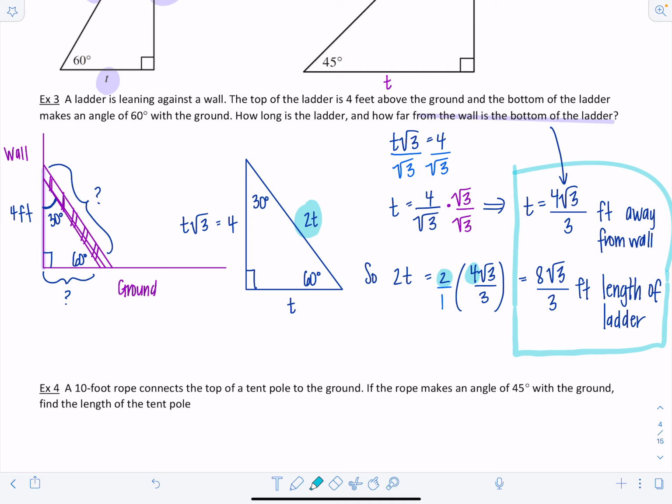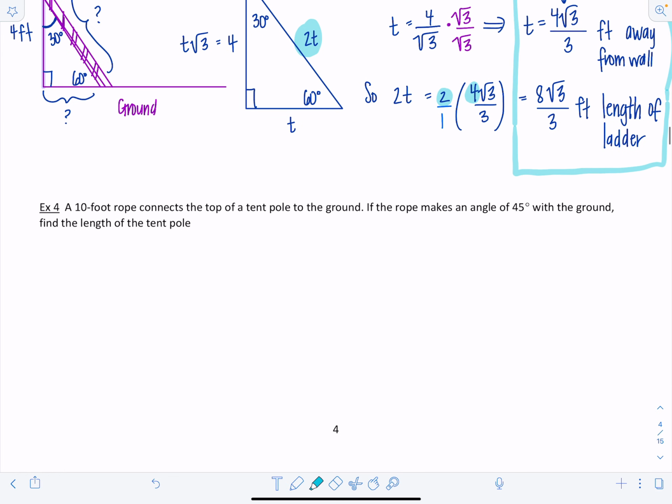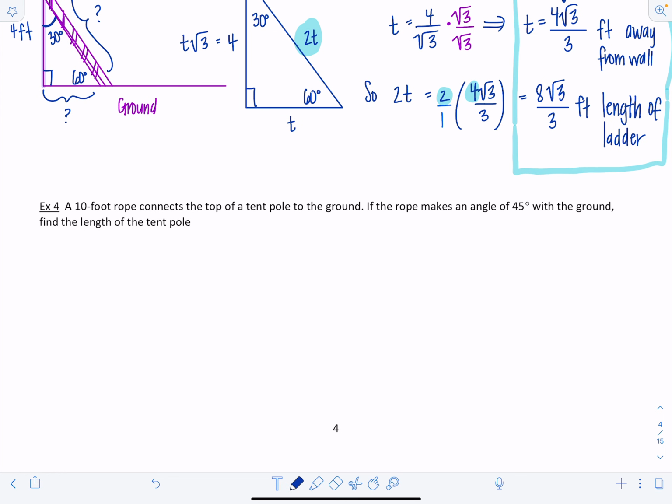Okay, last example. A 10-foot rope connects the top of a tent pole to the ground. If the rope makes an angle of 45 degrees with the ground, find the length of the tent pole. Okay, so here's the tent pole.